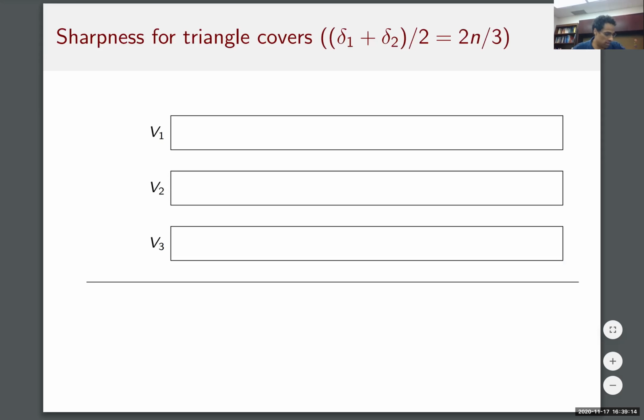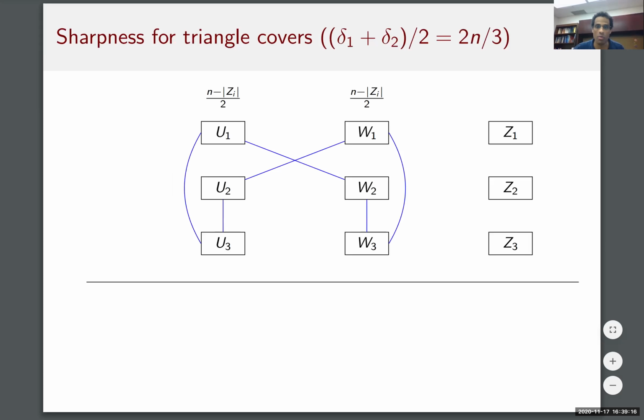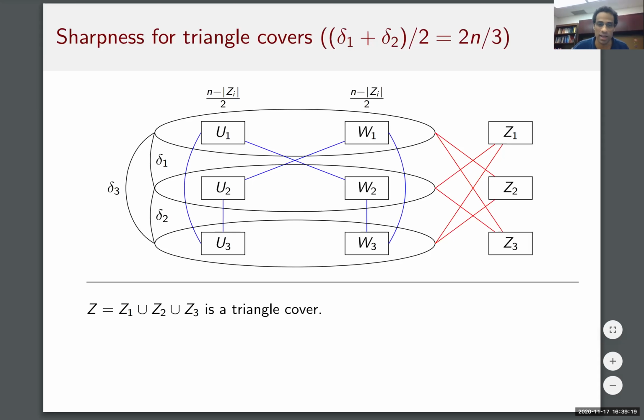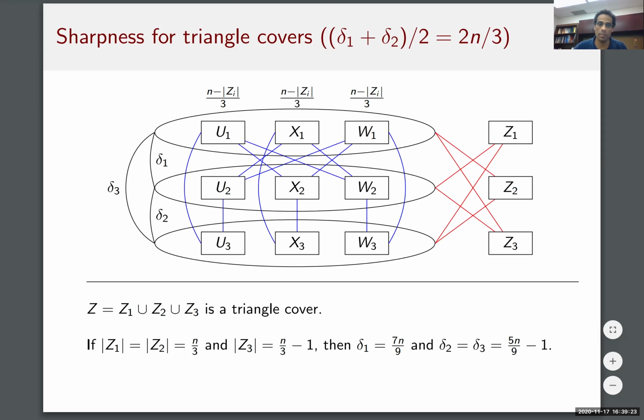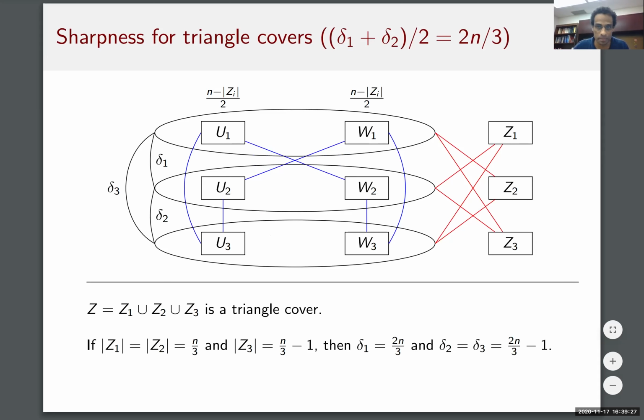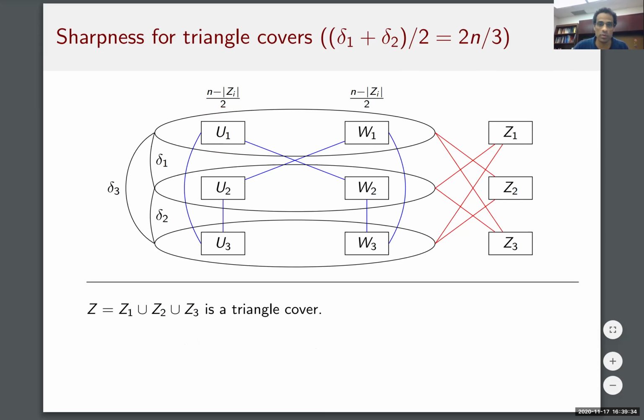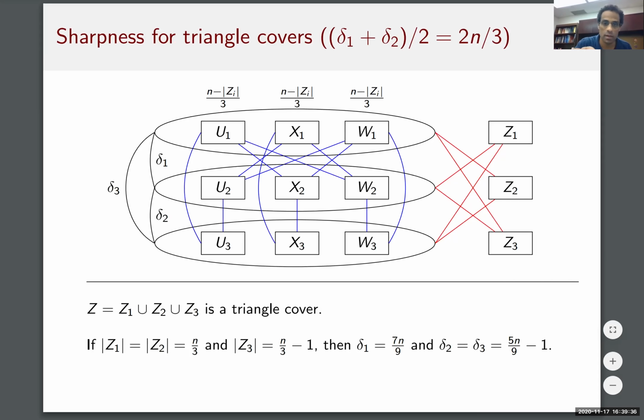I won't get into the example too much because I feel like I've taken enough time. It's basically like the original example we saw before, except instead of splitting it into 2 parts, you split it into 3 parts, and this part is still supposed to be triangle free. Things are very unbalanced here now.